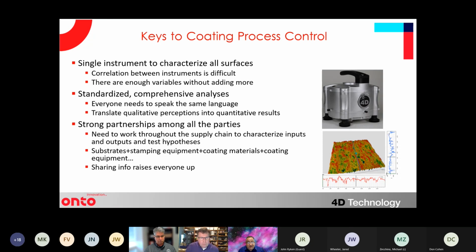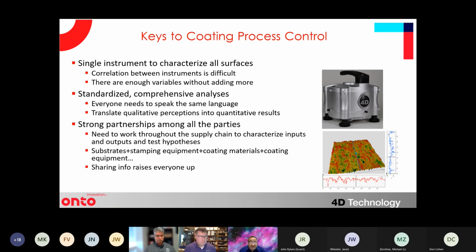It's not that every company is on their own, but if everyone works together, characterize the inputs and outputs that matter, help figure out what is causing problems from the substrates to stamping equipment, coating materials and equipment. Sharing the info is really going to raise everyone up.